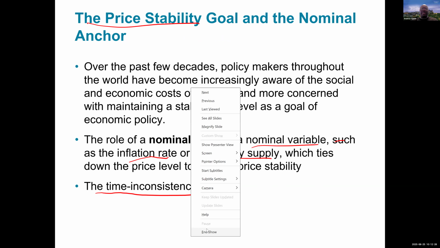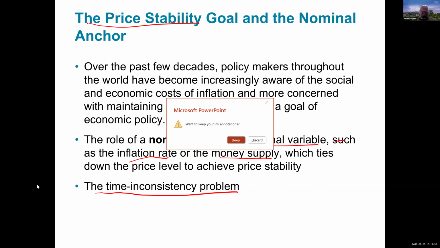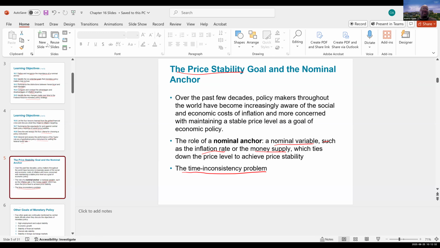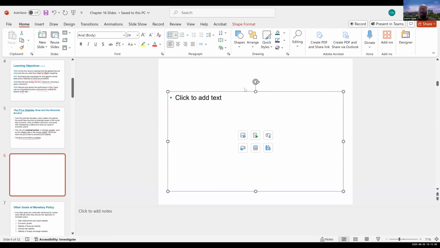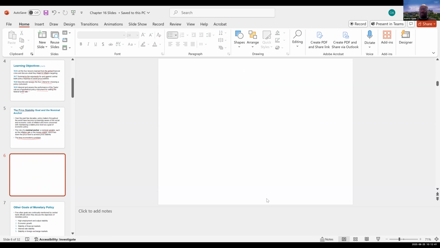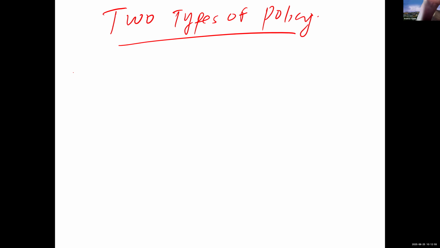there are two primary types of policy, which I did not put on the slide, but I want to talk about here. Two types of policy that the Fed, any central bank, or any policymaker can pursue. Policy can be what we call active policy.